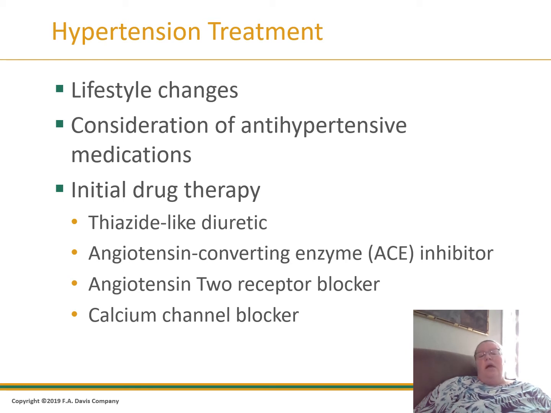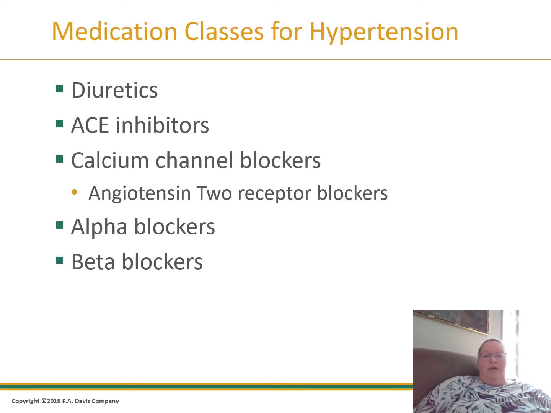And then our last step would be a calcium channel blocker, because both of those have a lot of side effects that can cause orthostatic hypotension and other side effects that aren't attractive. So they want to do the least invasive to the most invasive. Now, diuretics, ACE inhibitors, calcium channel blockers, alpha blockers, and beta blockers.